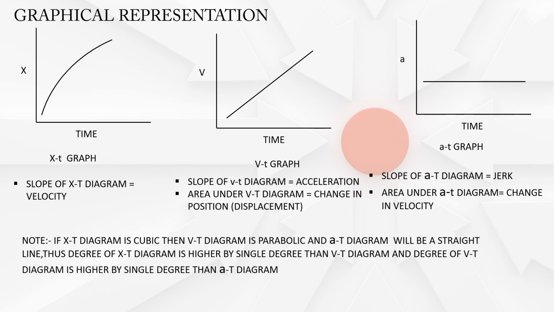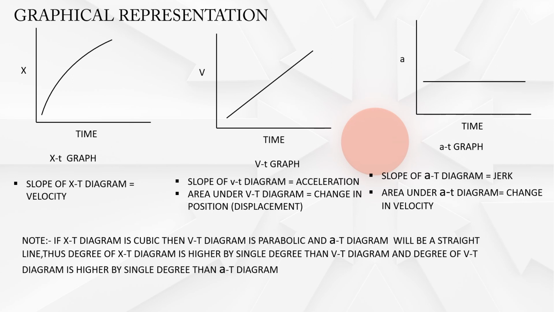When a vt diagram is considered, the slope of the vt diagram gives us the acceleration, whereas the area under the vt diagram gives the change in position, that is displacement, for the given time interval. In the at diagram, the slope gives us the term jerk, which is nothing but the rate of change of acceleration, and the area under the at diagram gives us the change in velocity. So you will have to remember these terms.